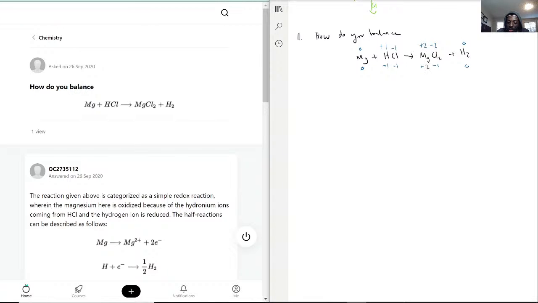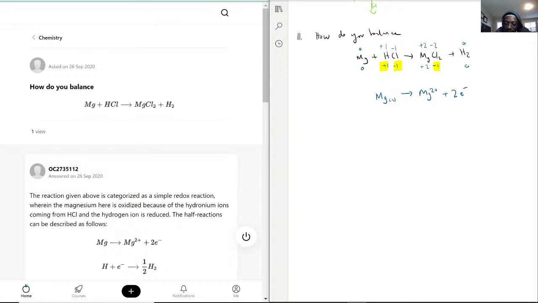So if you wrote down the half equation, the magnesium solid turns into, because remember that plus means it lost electrons, Mg2+ plus 2 electrons, because that's how much it lost. And the next thing that changed, if you look closely, the chlorine stayed the same.